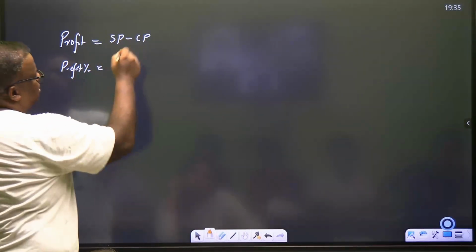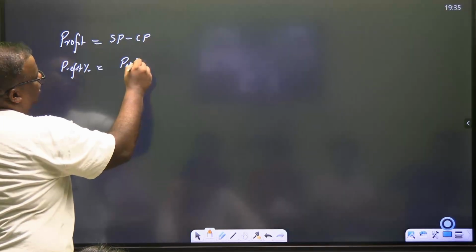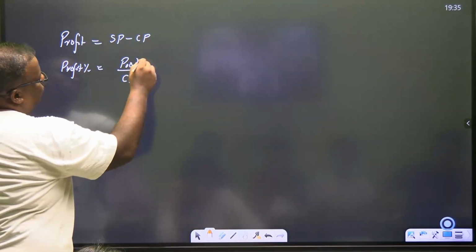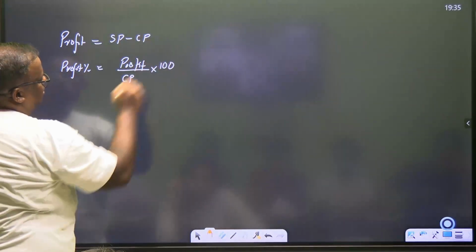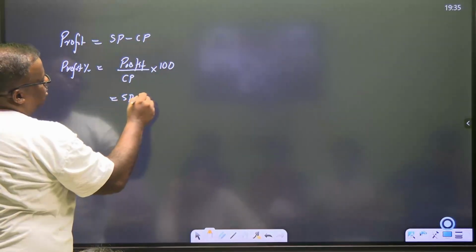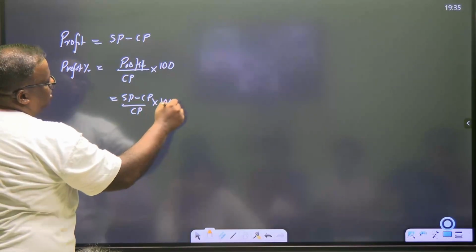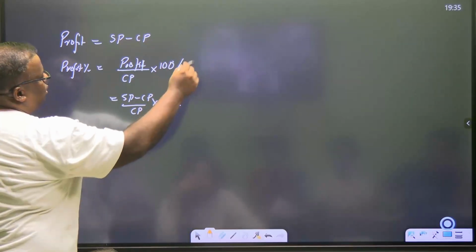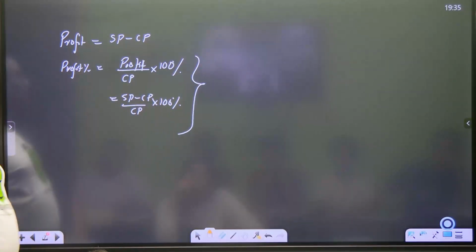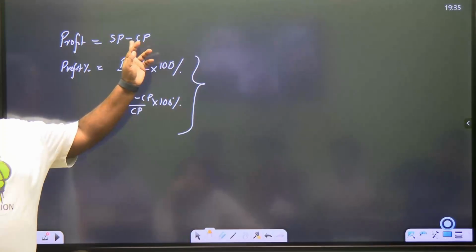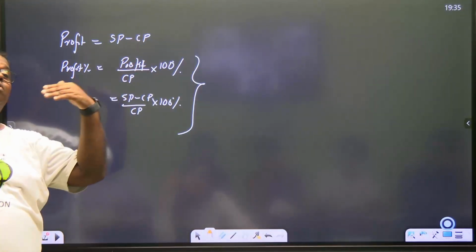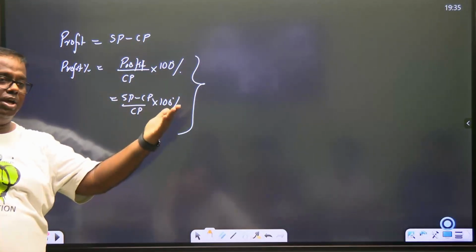Profit percent is the profit over CP into 100. So it becomes (SP minus CP) by CP into 100%. I do not remember these things at all. I just remember this: profit is the excess, and profit is always calculated on cost price.